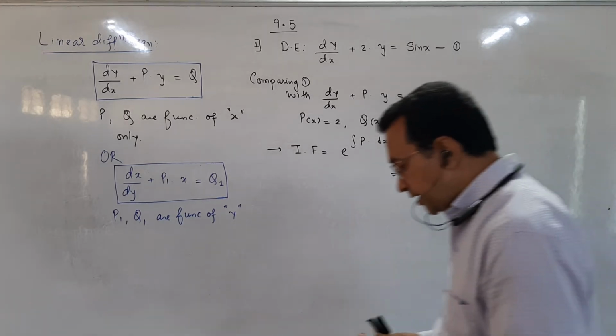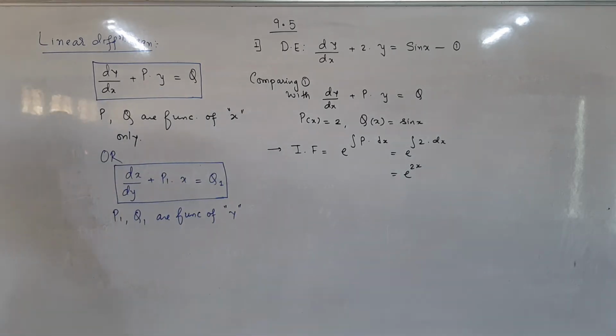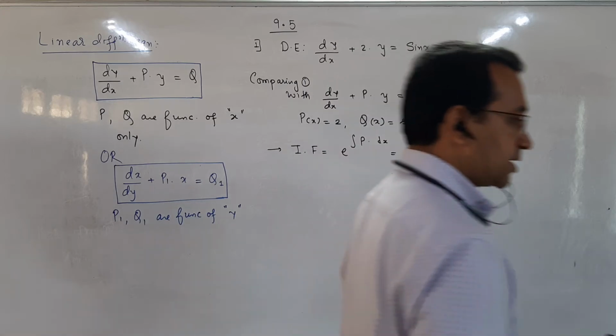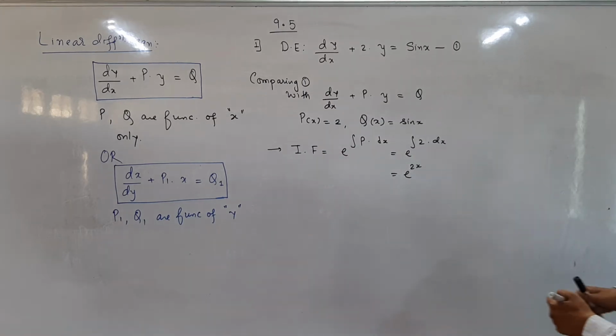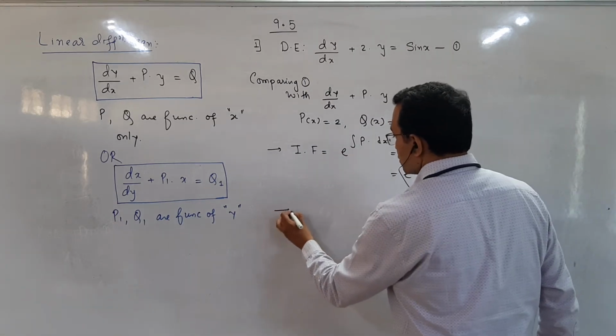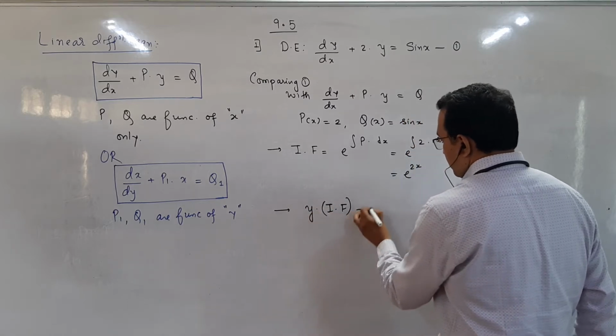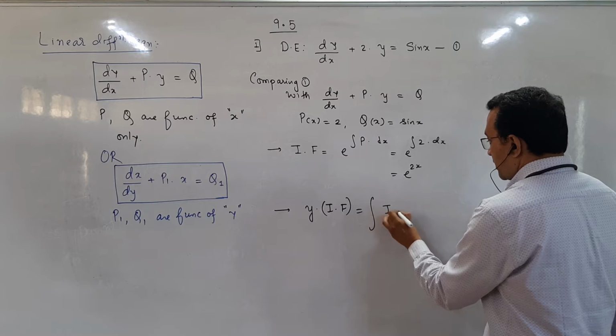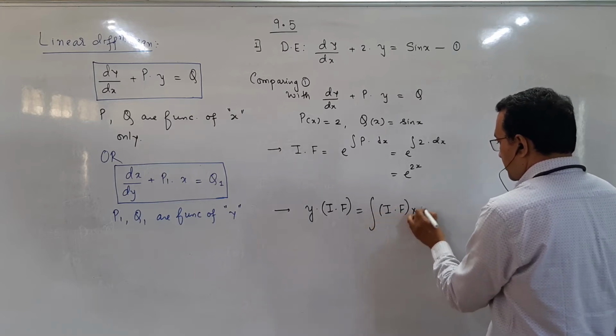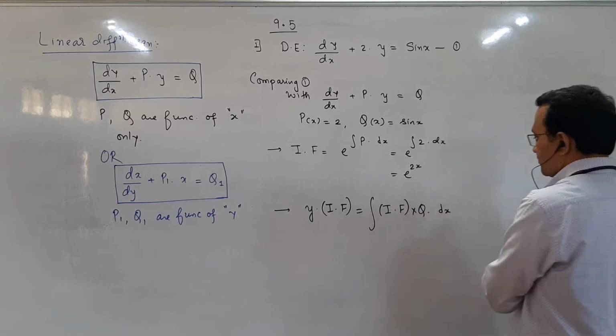The formula for integrating factor is e raised to integration of p dx, and this is nothing but e raised to 2x. Third step, the solution: y into integrating factor will be integral of integrating factor into q dx.